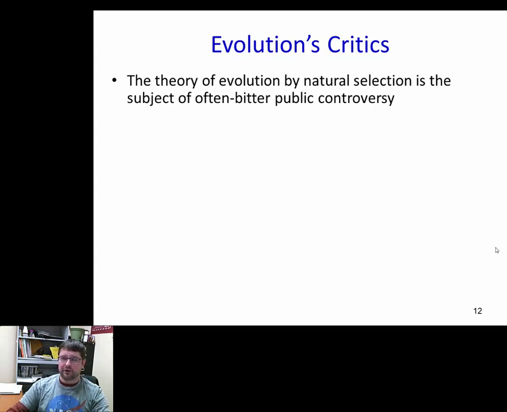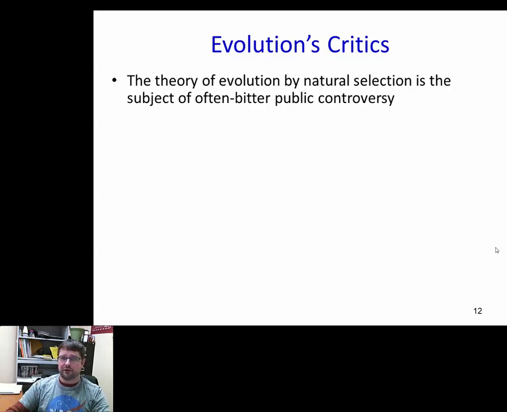Okay? And it can be very bitter, and it can be very emotional, and can cause a lot of controversy in public. It can be found in school boards, it can be found in city documents, it can be found on college campuses, it can be found in elementary schools, high schools, all over the place.